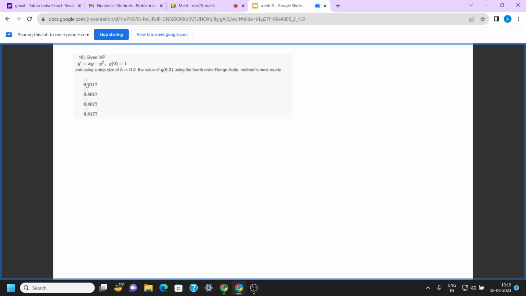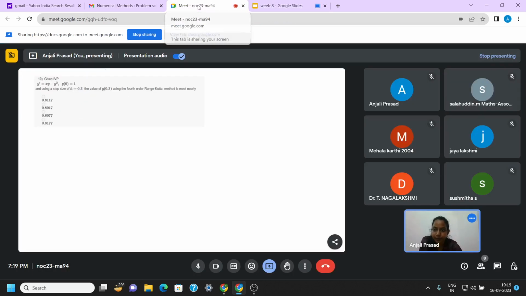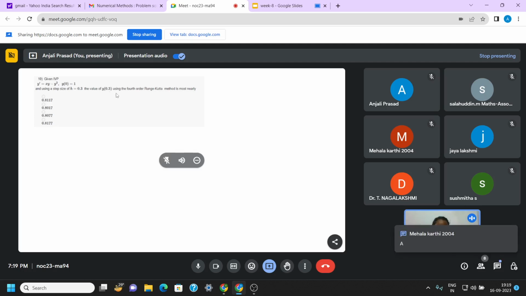See what you are getting. Is it 0.8117, or 0.8017, or 0.8077, or 0.8177? Find it. Use the fourth order Runge-Kutta method and find the solution. Since the step size h is equal to 0.3, you have to take only one iteration.